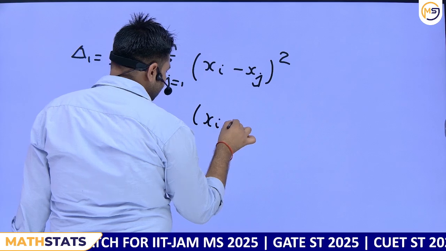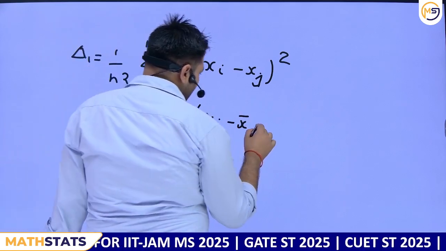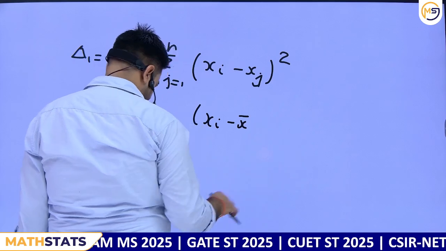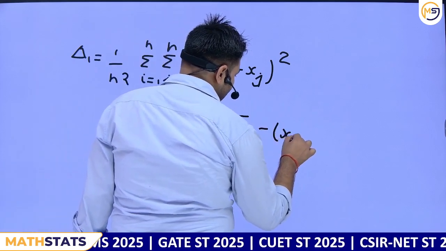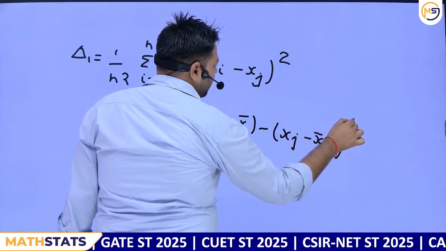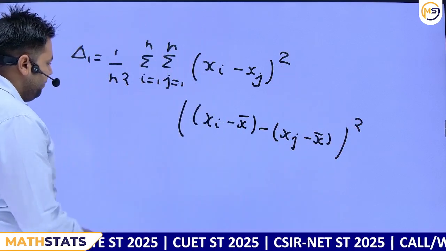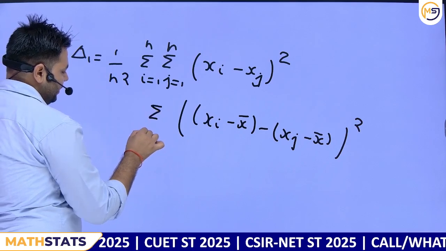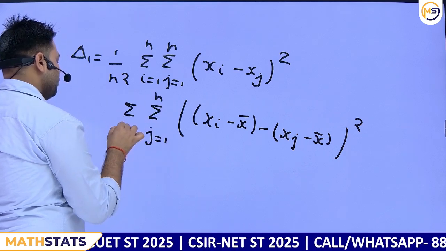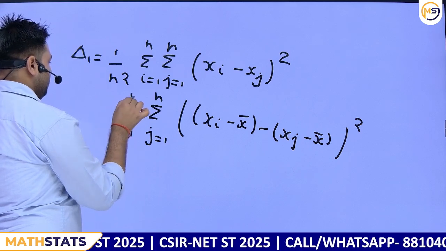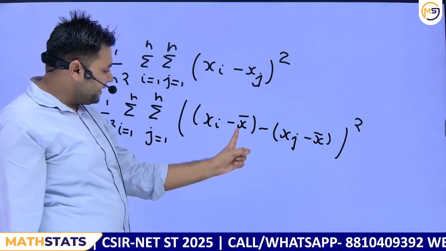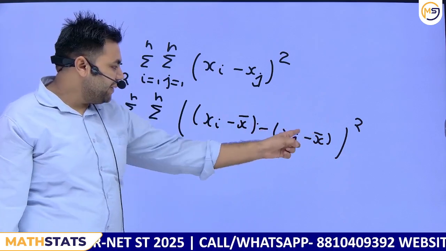So (xi minus x bar) minus (xj minus x bar), this whole square. Here we added and subtracted x bar; multiplying the minus, you will get plus x bar.